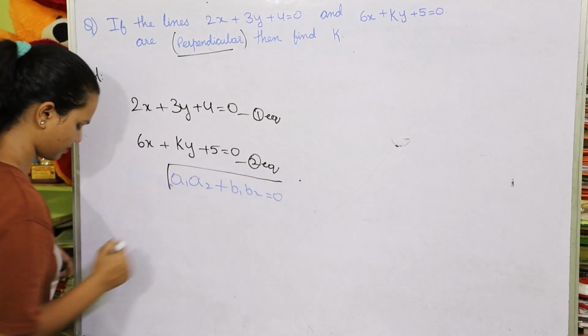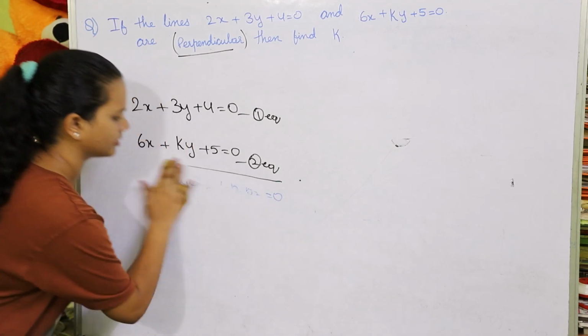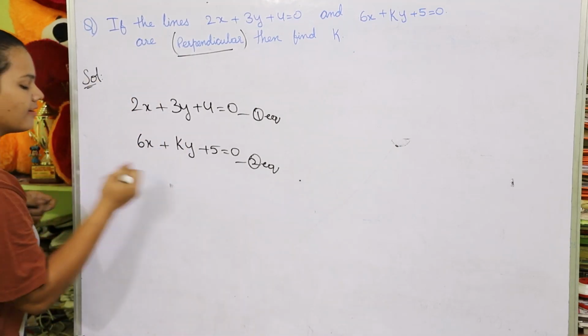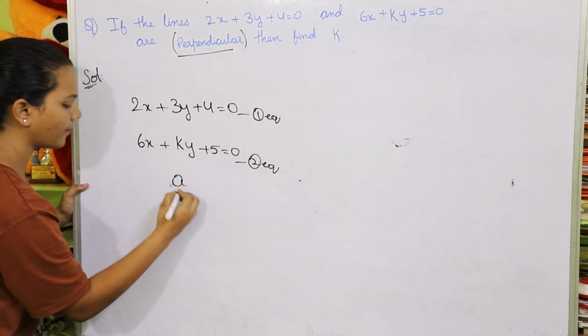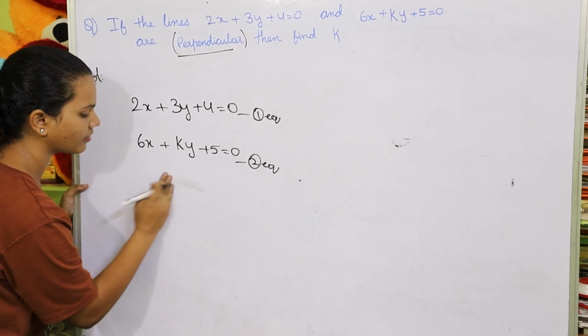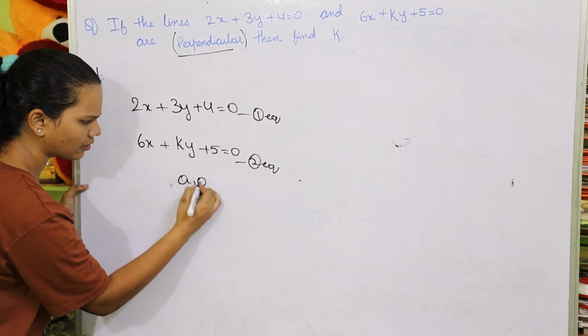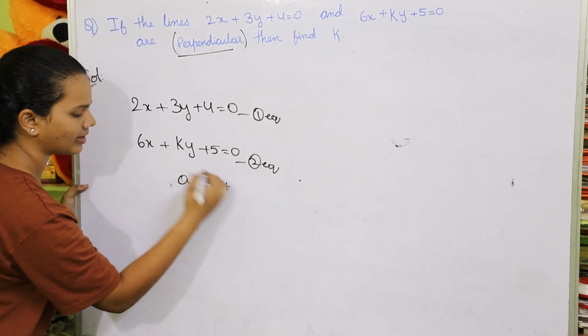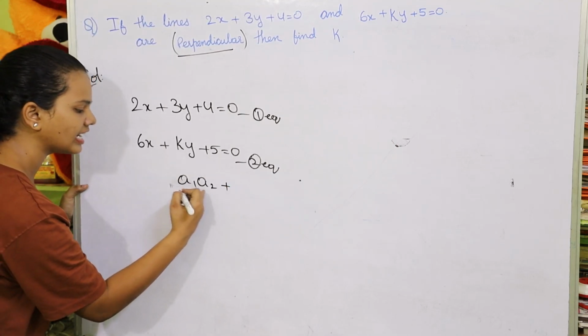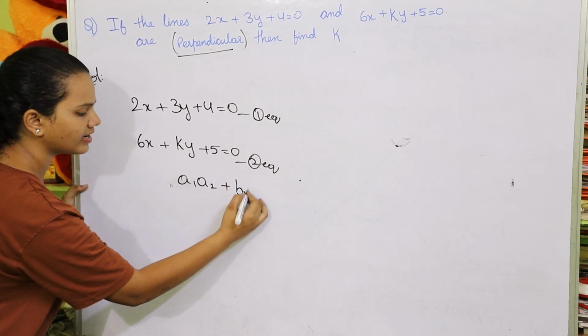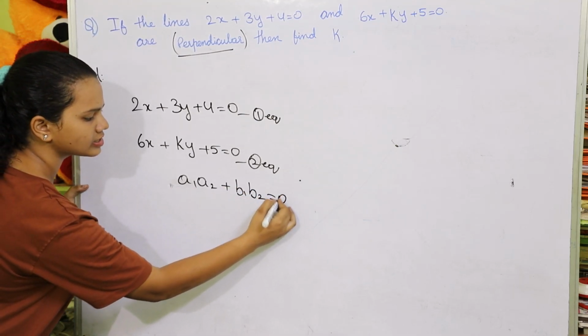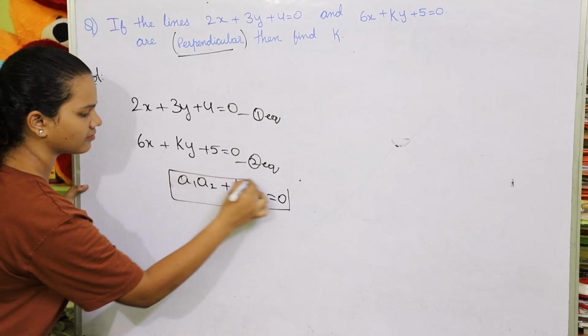If they give this type of perpendicular lines and ask to find the k value, or p value, s value, t value, any value, you just apply this formula: a1 into a2 plus b1 into b2 is equal to 0.